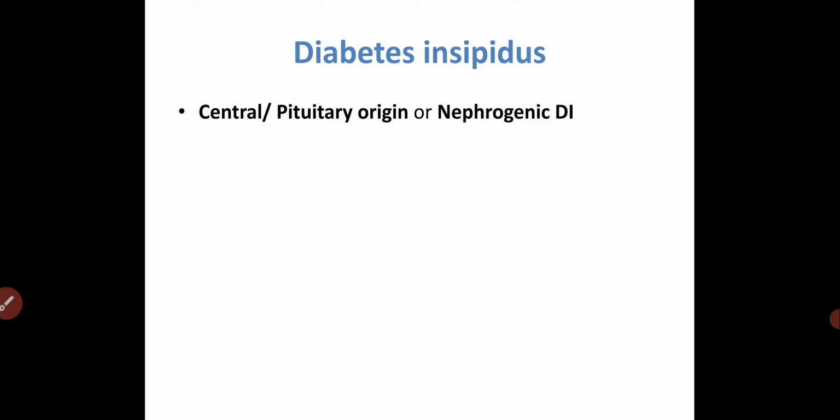So let's recollect about diabetes insipidus. There are two types of diabetes insipidus. One is of central or pituitary origin, and the second one is nephrogenic diabetes insipidus.